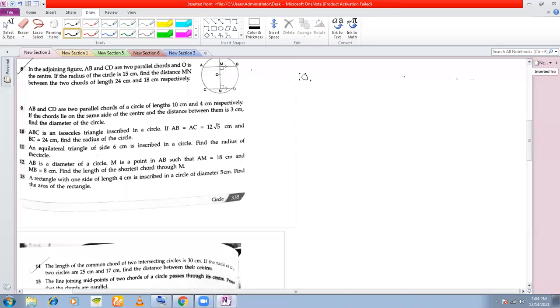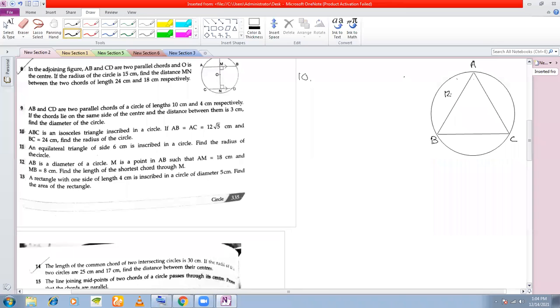Okay, so triangle inscribed in a circle, how will it look like? This is a circle in which I inscribe an isosceles triangle ABC. In this, it is given to you that AB is equal to AC is equal to 12 root 5.